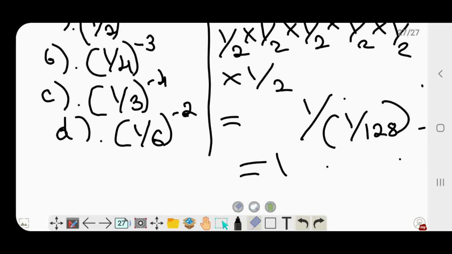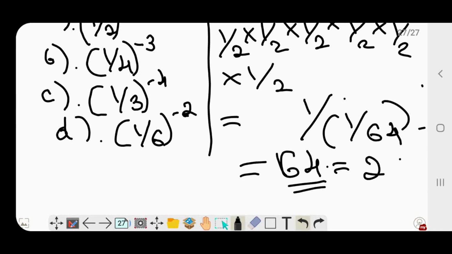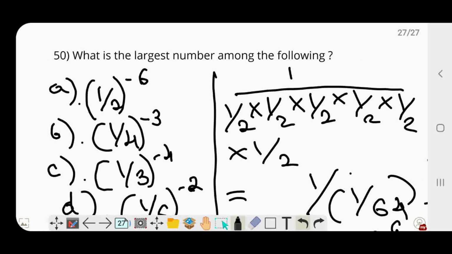Wait a second, I'll just erase this. This thing should have been 64. What is 64? 64 is nothing but 2 to the power 6. And now if I go to the options, then I have here this 2 to the power minus 6. I should link it up over here like this. Instead of minus, I should have it as plus. And that would be my answer.